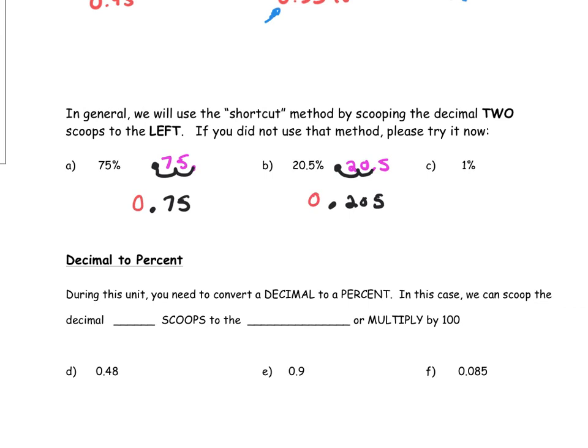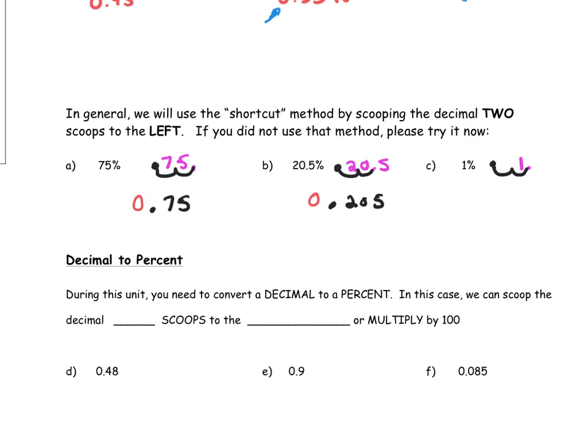And our last number is 1, so we're going to start by getting rid of the percent. This one doesn't have a decimal, so I have to acknowledge that all whole numbers have a decimal back behind. Now comes my scoops. 1, 2.